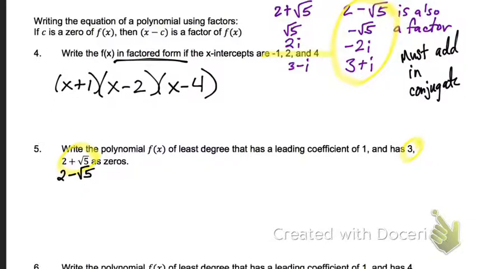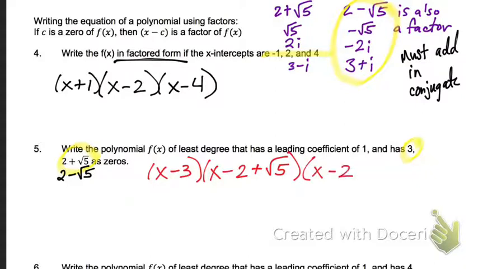So I'm going to write it in factored form first. So x minus 3, x minus 2 plus root 5, and x minus 2 minus root 5.